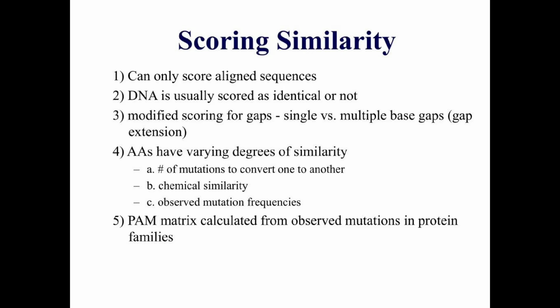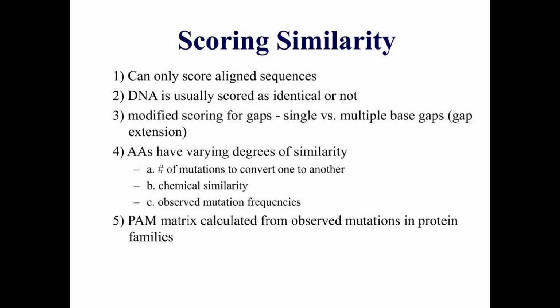If similar amino acids are substituted, for example, if one hydrophilic amino acid is substituted by another one, or one hydroxy amino acid like serine is replaced by threonine, or alanine by valine, or aspartic acid by glutamic acid, or a basic amino acid by another basic amino acid, histidine by arginine, or an aromatic amino acid like phenylalanine is replaced by tyrosine or tryptophan, and so on, we call that chemical similarity.